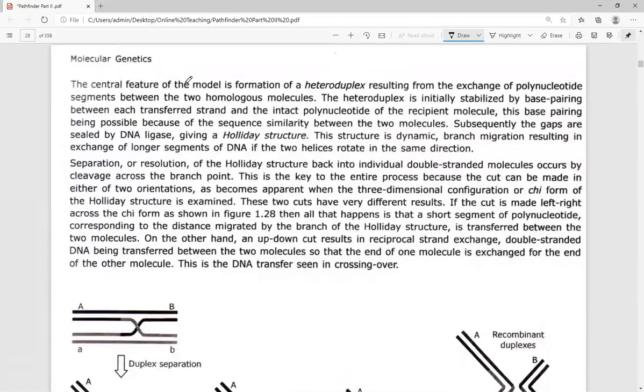Now, the central feature to understand this particular model is the formation of a heteroduplex region. What is the formation of heteroduplex and how does it take place in this particular model that we have to see? Heteroduplex refers to the formation of different types of DNA molecule.